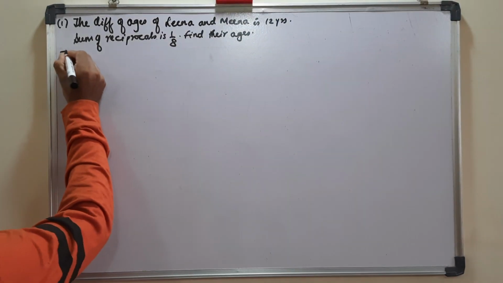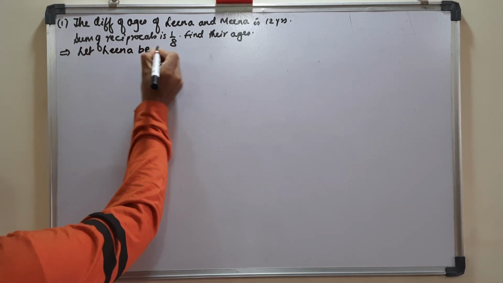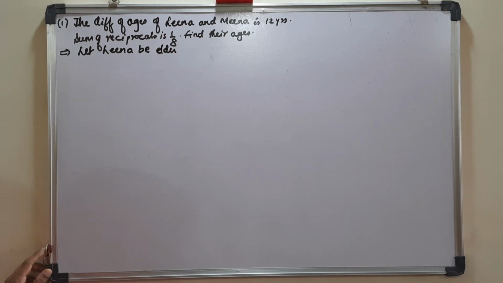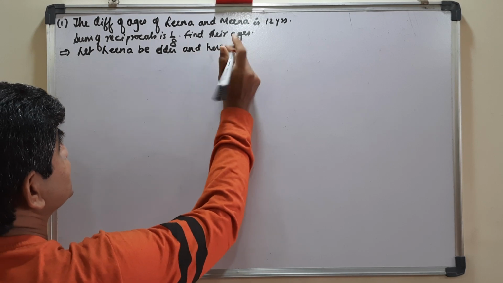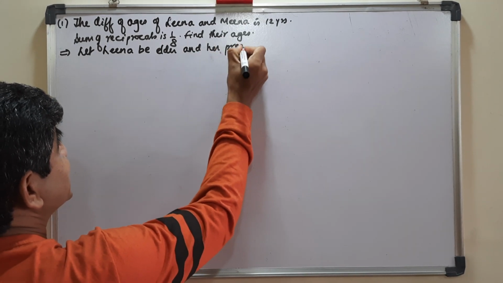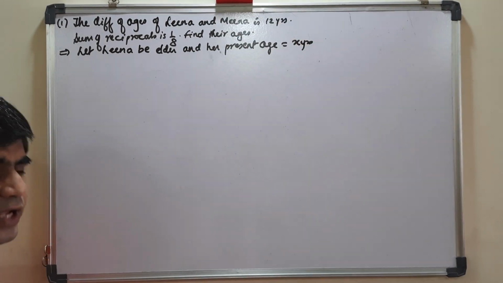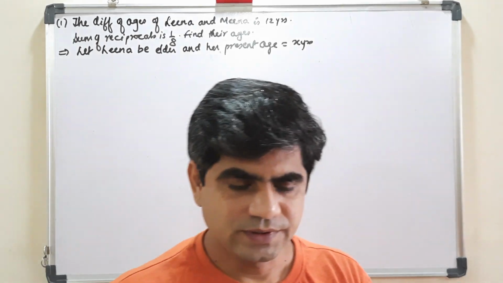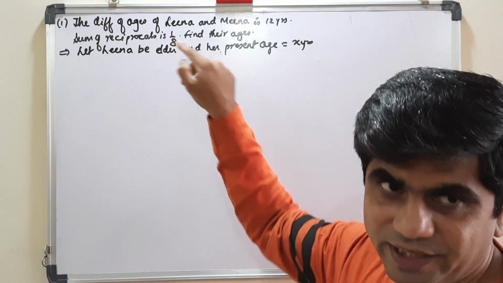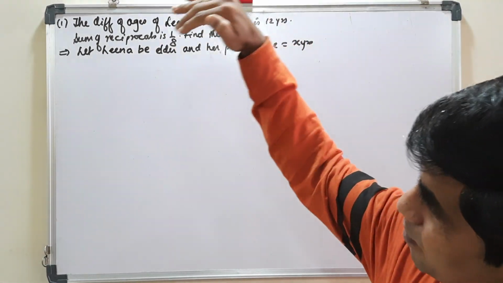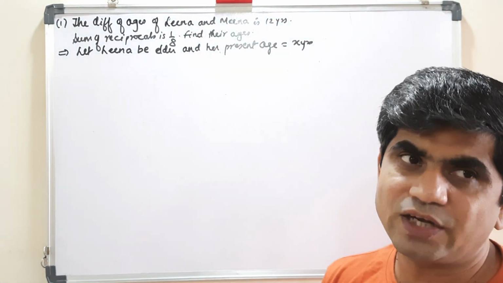If I say here, let the first girl, Lina, be elder, and her present age be x years. That means if Lina is elder, then from her present age, if I subtract the present age of Mina, I will get 12 years.